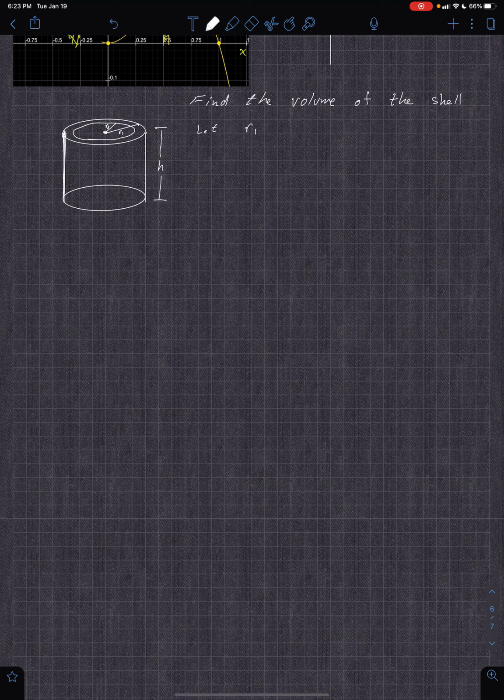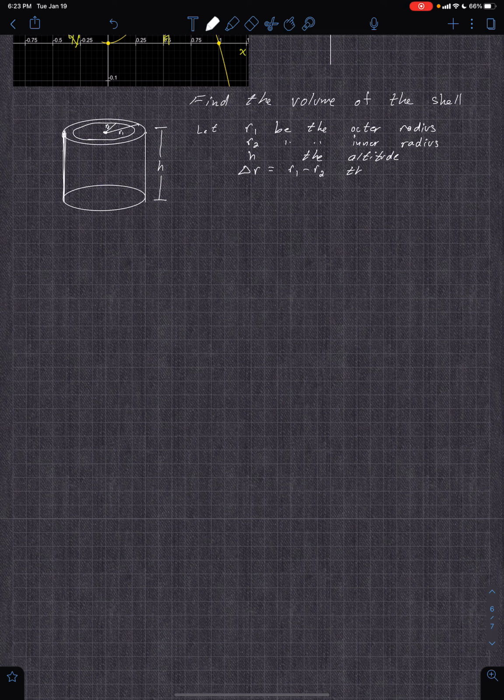We're going to let R1 be the outer radius, R2 the inner radius, h the altitude, delta r will be R1, the outside minus inside, R1 minus R2.